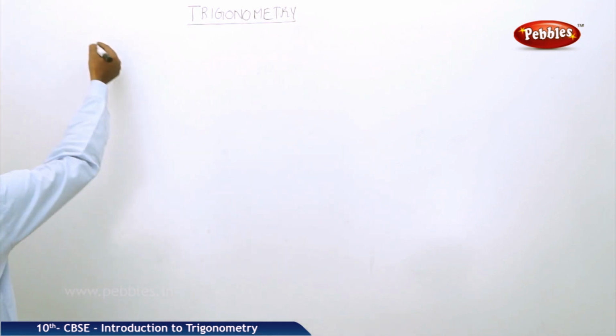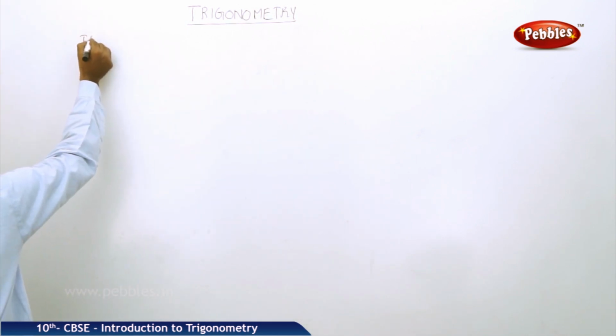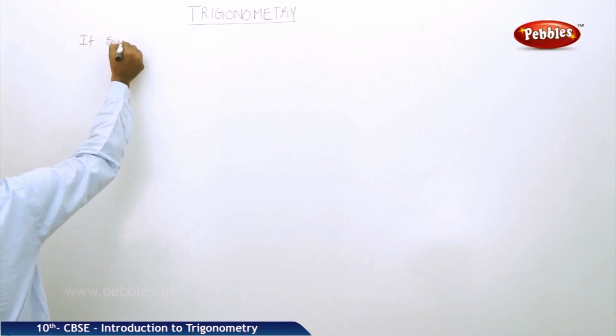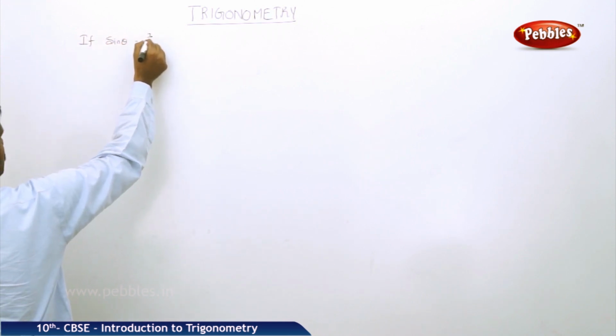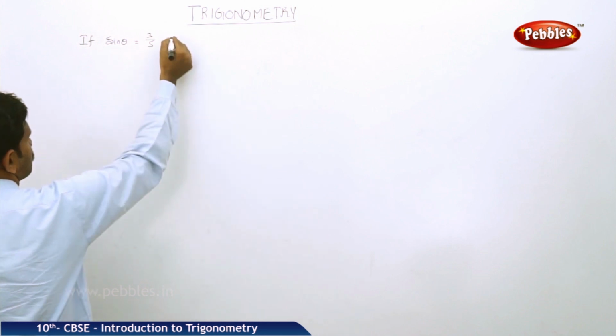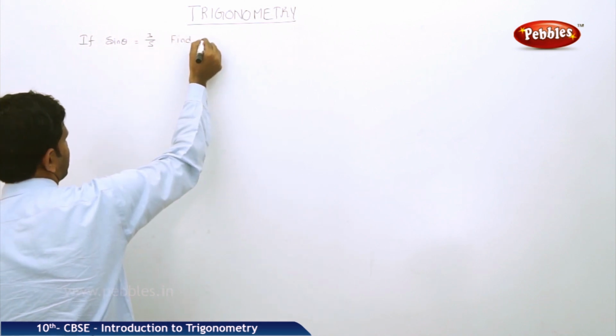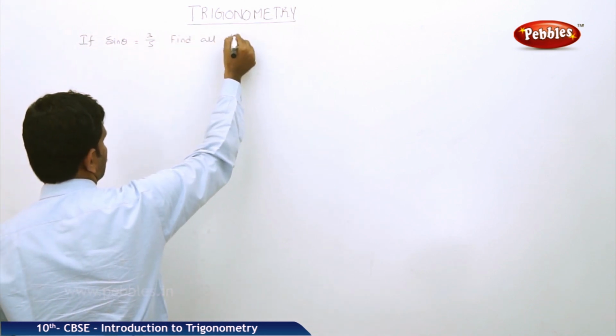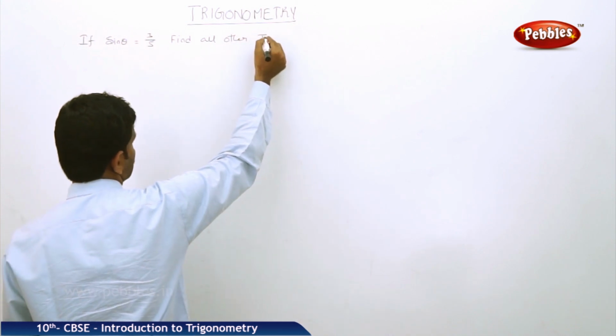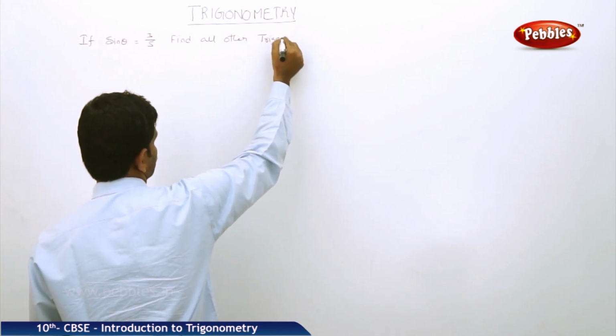Okay, see our next problem. If sin theta is equal to 3 by 5, find all the other trigonometric ratios.